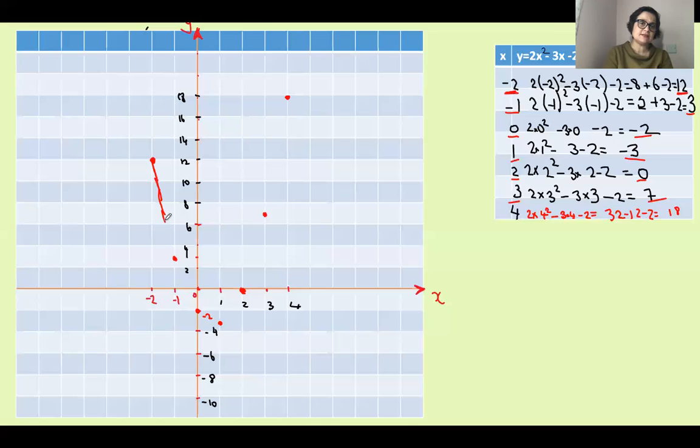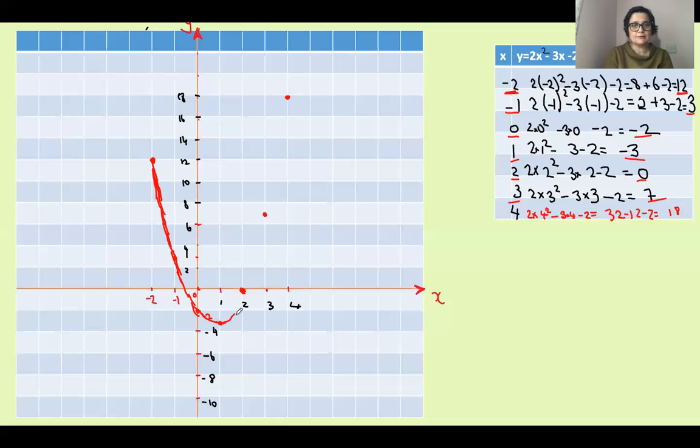You can use a pencil, so whenever you make a mistake, you can rub it out. A pencil and a rubber would be good to make the parabola or the curve look as neat and clear and as curvy as possible. And there you go until you touch the other point. You stop here, and then the next one is here.